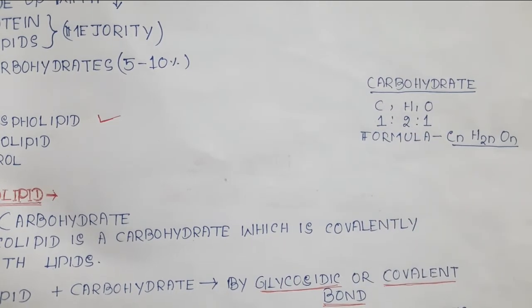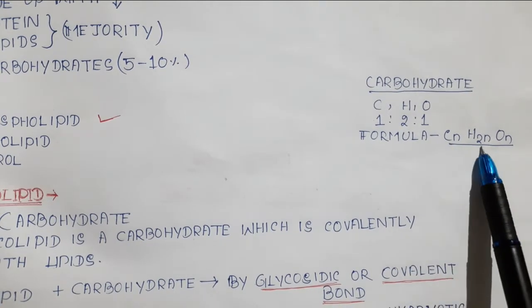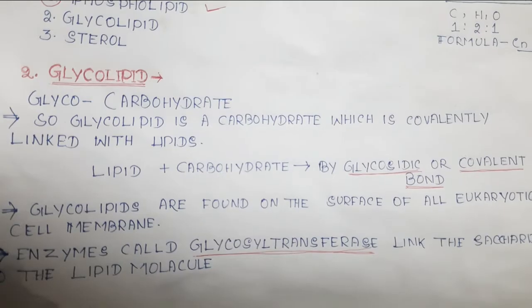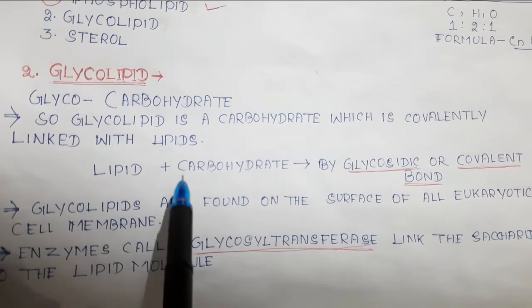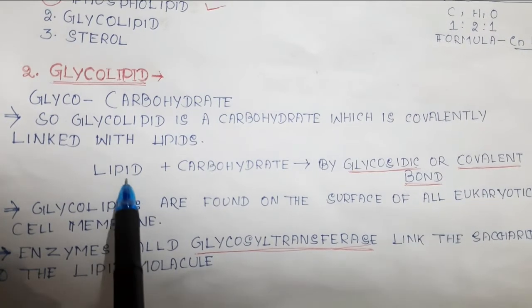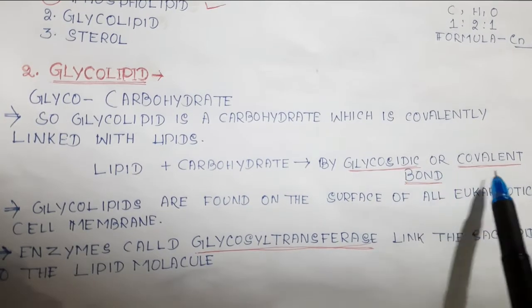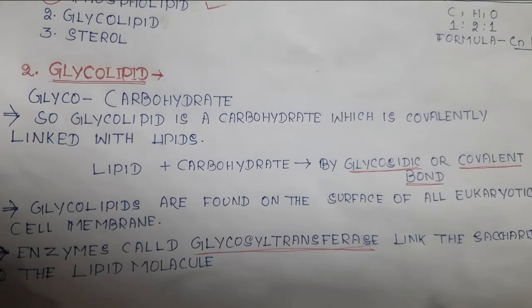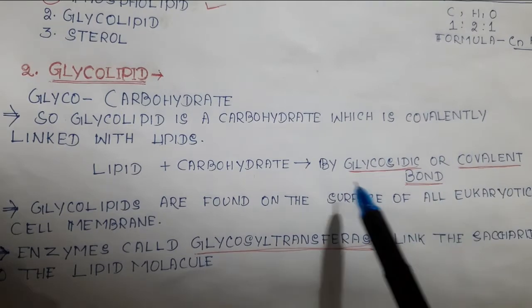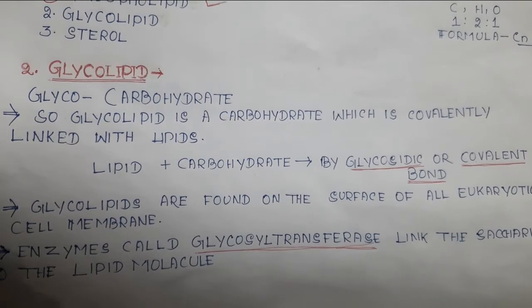So carbon appears with H2O water, hydrate of carbon, so carbohydrate, and the general formula is CnH2nOn. Then a lipid conjugates with a carbohydrate by a glycosidic bond or covalent bond, the type of bond which links lipid and carbohydrate with each other.